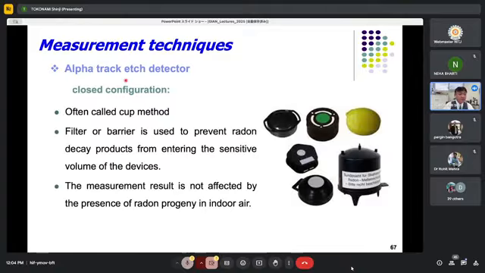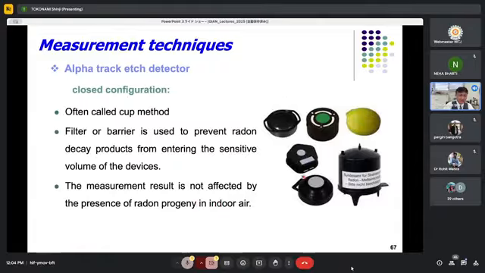Regarding closed configuration, it is often called the cup method. The filter or barrier is used to prevent the radon decay products from entering the sensitive volume of the devices. The measurement result is not affected by the presence of radon progeny in indoor air.